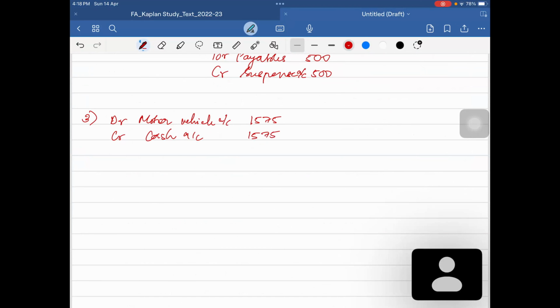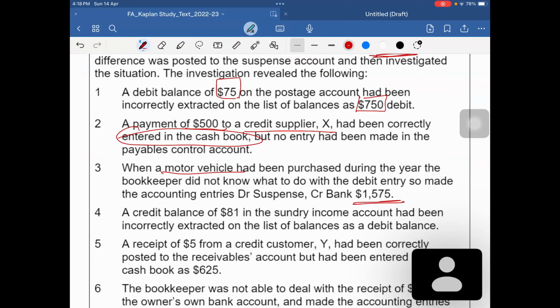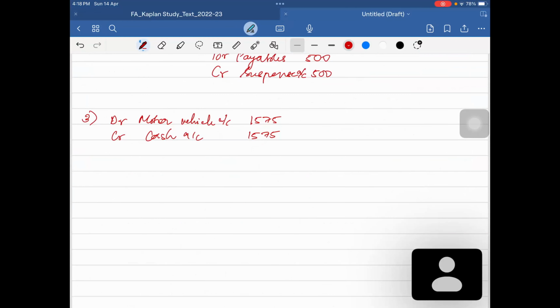How did he record that? He did not know what to do, right? So what did he do? He debited a suspense account because he didn't know. So he created a dummy account, suspense account, and he took that amount in it, right? So the wrong entry is debit suspense, credit cash, right?